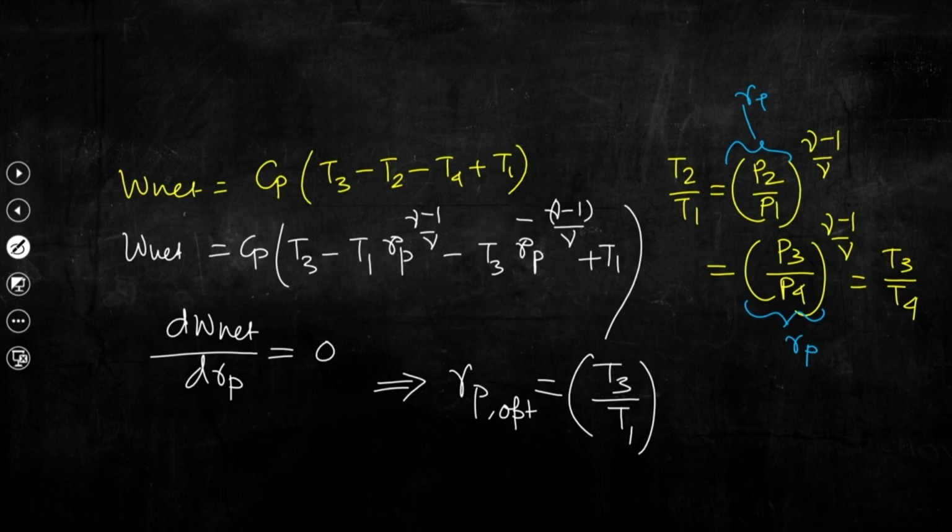So, now for a given T1 and T3, we are trying to get the optimum value of Rp, and that is (T3 by T1) power gamma by 2 into (gamma minus 1). So, this is the optimum value of pressure ratio for which cycle efficiency will be maximum.